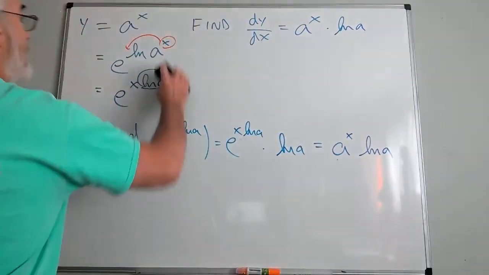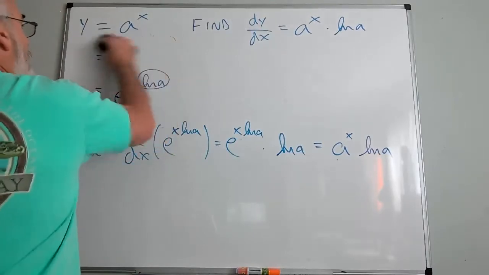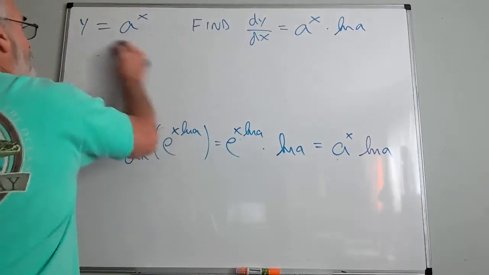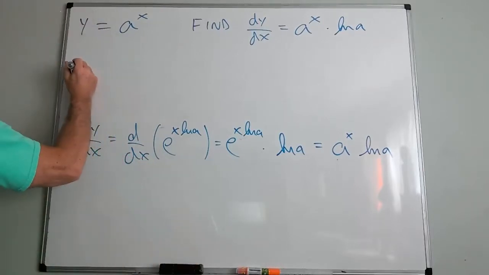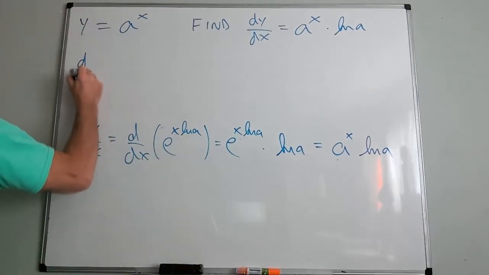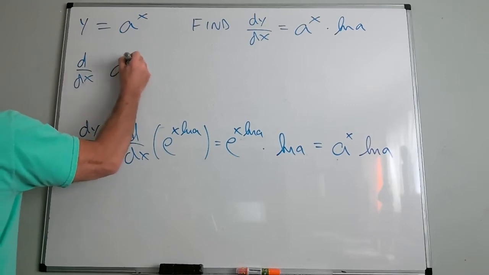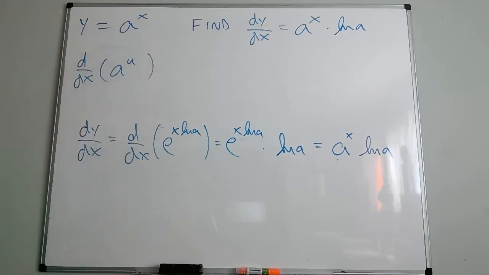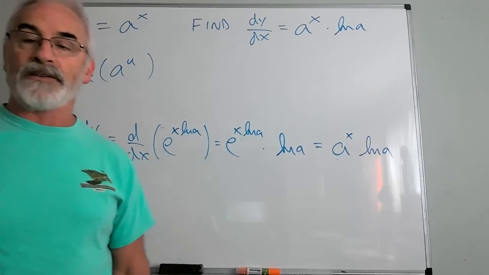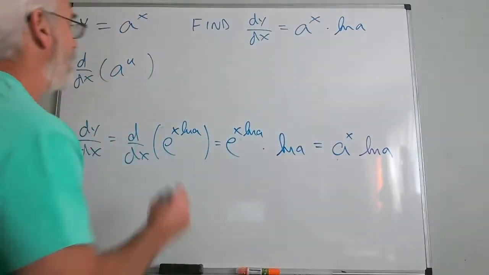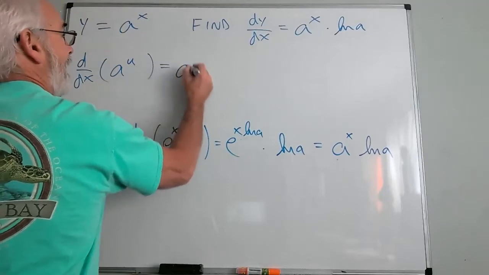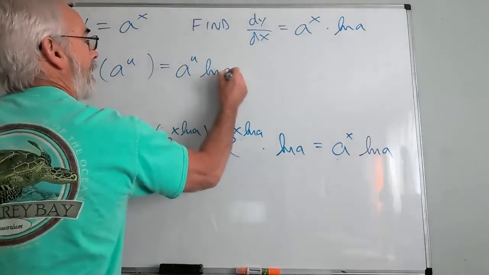That's a good thing. So now, since I've got that one, what if I want to find the derivative of a to the u, the general case? I want to be able to do any base that's legal to any function of x power. That derivative would be, of course, a to the u log a.